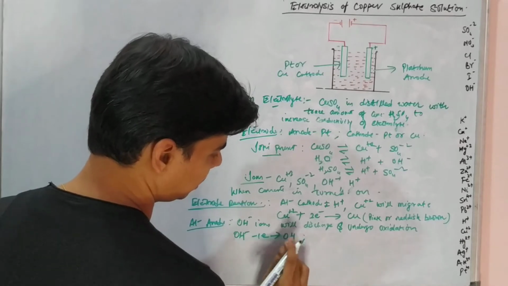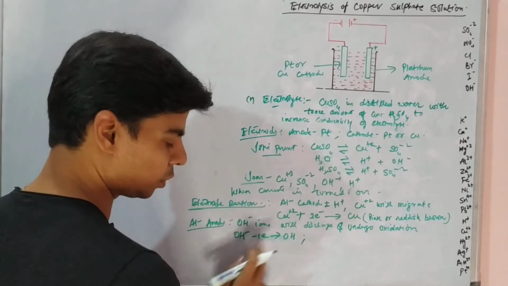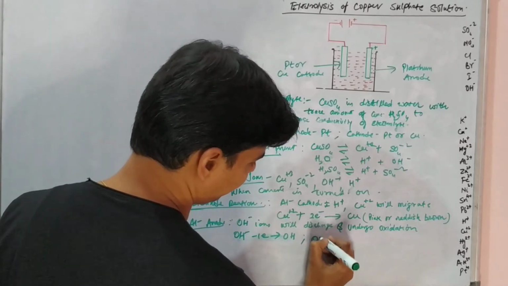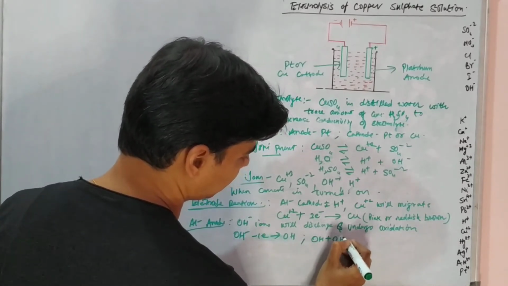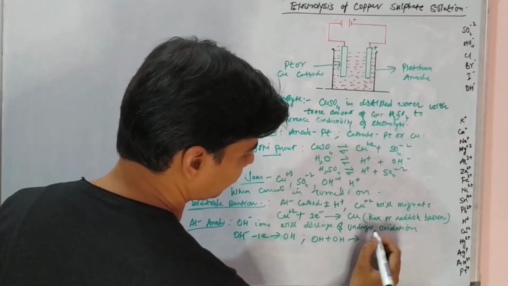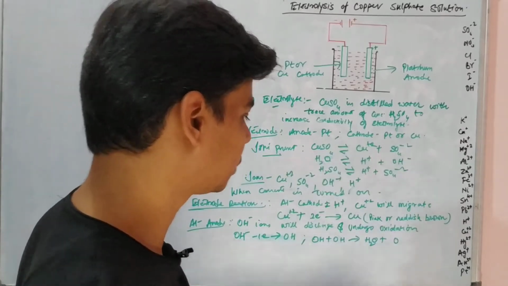Similarly, one more hydroxyl ion will lose an electron to give a hydroxyl radical. Two hydroxyl radicals will react to form water plus one oxygen atom.